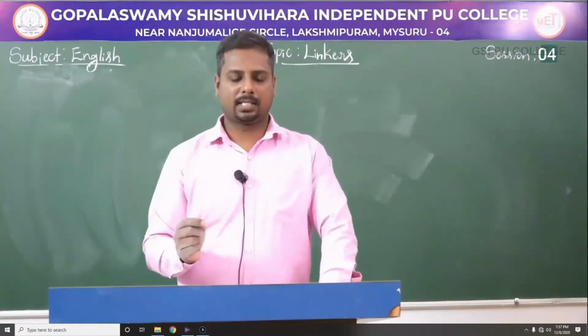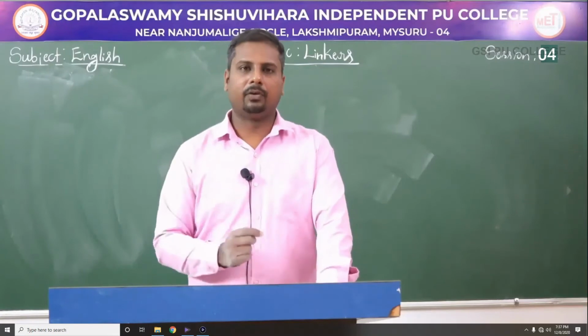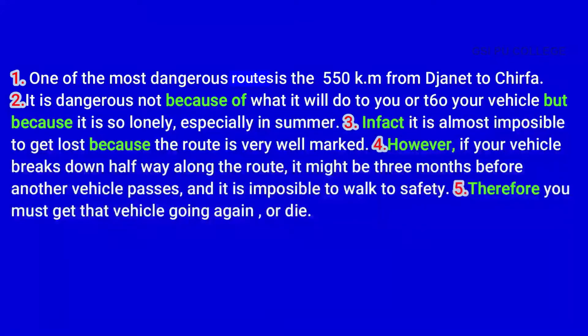Now let us move on to the last sentence. Therefore, in the beginning of the last sentence you have the linking word therefore, you must get that vehicle going again or die. So these are all the linkers you could see in this paragraph.